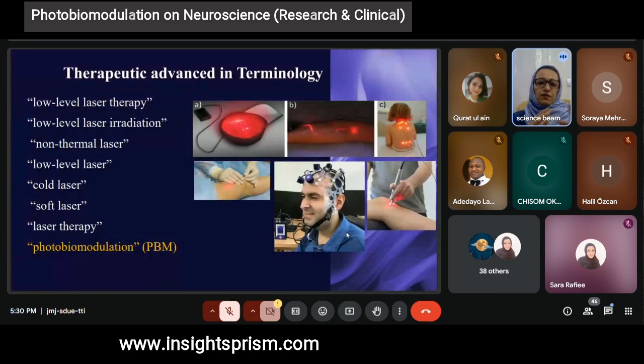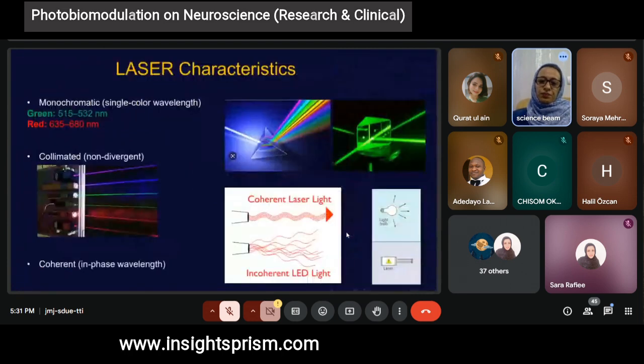Also, because there is no thermal effect, we called it cold laser or soft laser. And also laser therapy, because instead of a high-power laser that can destroy the tissue, now we are dealing with healing or therapy using laser. Nowadays, we call it photobiomodulation. This term is popular.